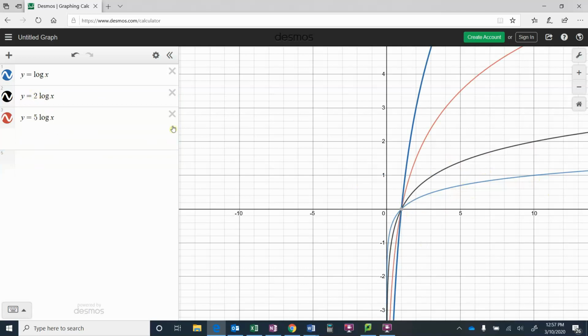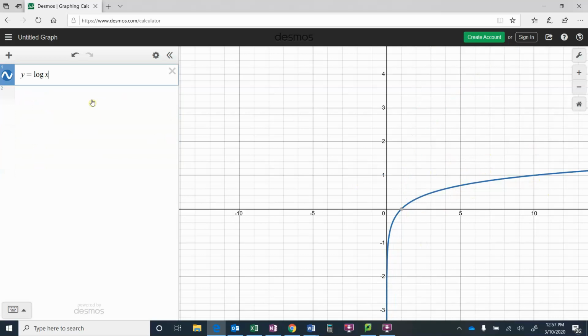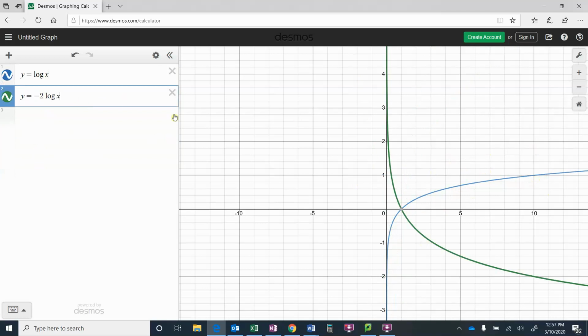But if we start to make that value in front negative, now it is doubled. So here this was the point 10, 1. If I can find it, there it is. Now we're at 10, minus 2.